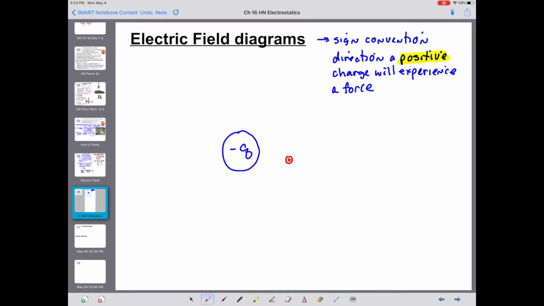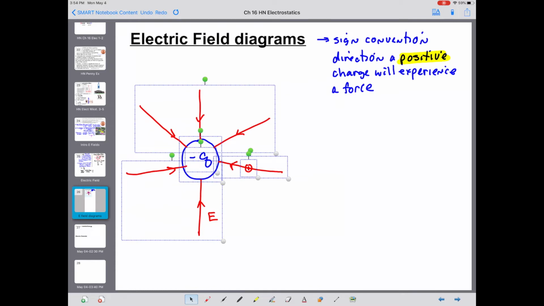So if I draw an arrow, that positive object would be attracted. Anywhere I put it around that negative object, that positive test charge would be attracted. And so our electric field would be a bunch of lines that are just pointing towards that negative object.